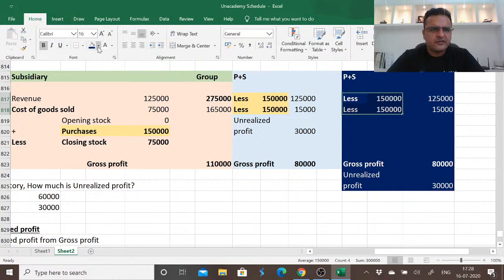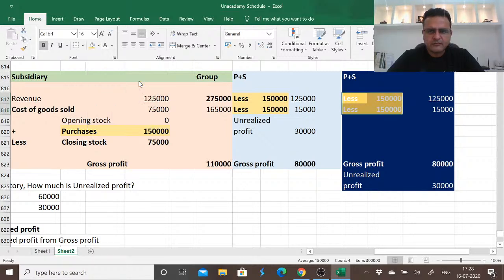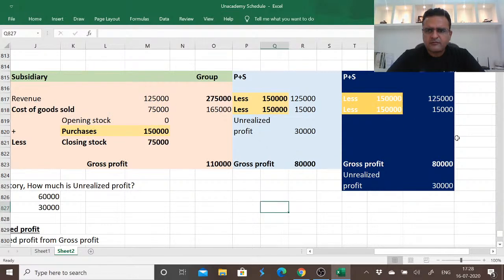This is intragroup transaction eliminated. We need to anyway eliminate it. Intragroup transaction eliminated: 275,000 minus 150, 165,000 minus 150.